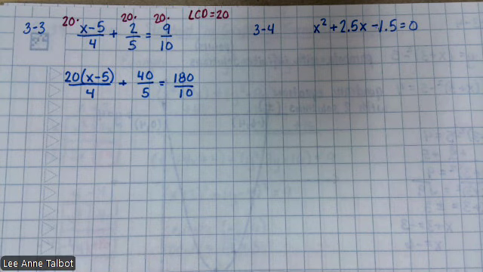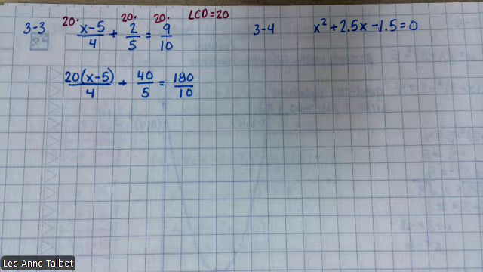Okay, so I just multiplied all of the tops by 20. Notice that I put the binomial in parentheses because I have to multiply the whole thing by 20.